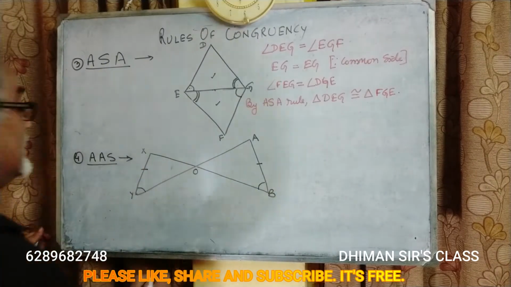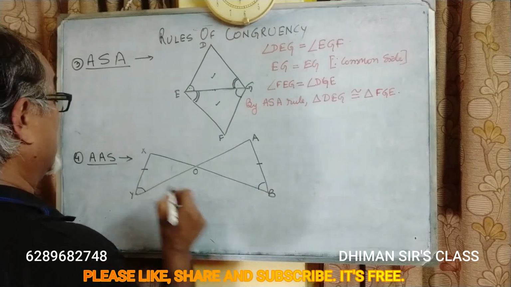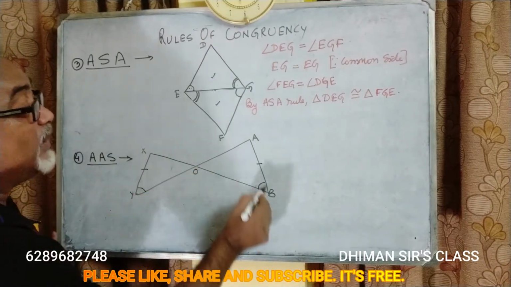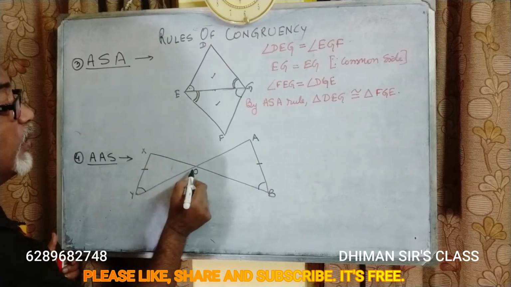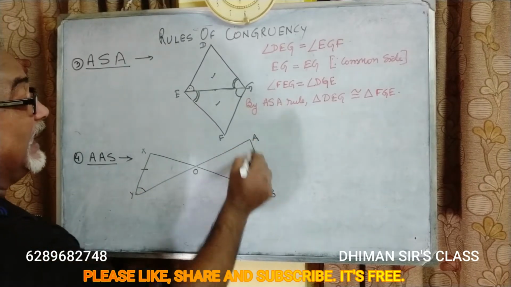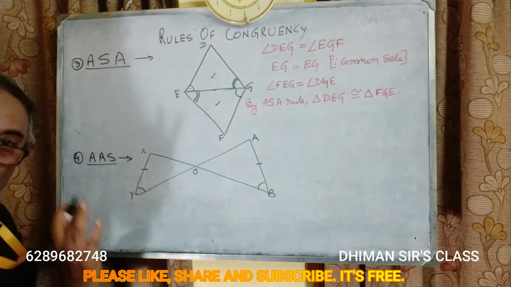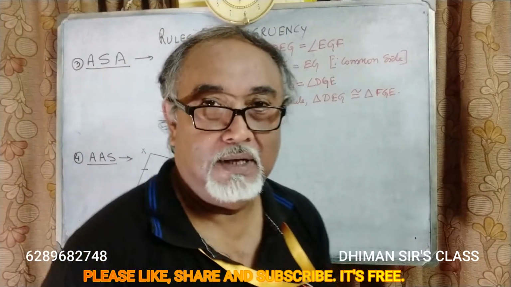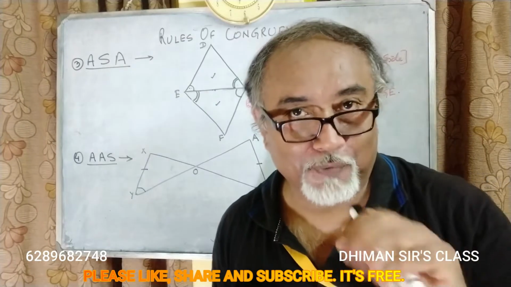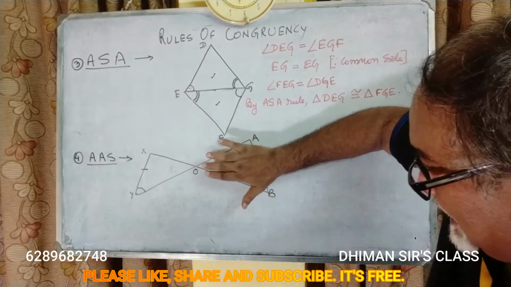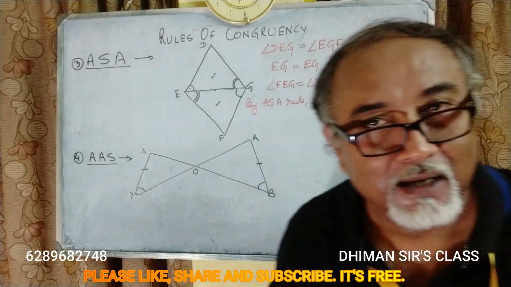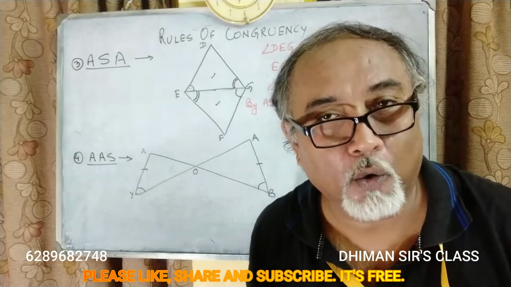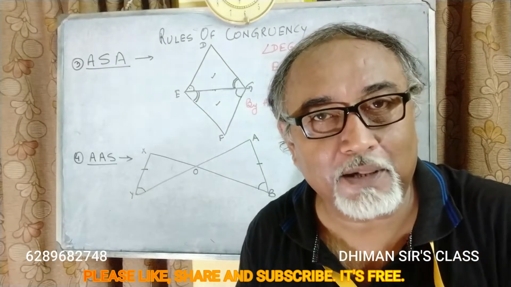What are given to us? That XY is equal to AB, and angle XYO is equal to angle ABO. Only this much. Sir, in that case we have to find the rule. Okay sir, let us hide this triangle. We can see only two things are given. Sir, then how can we understand which rule is applicable?